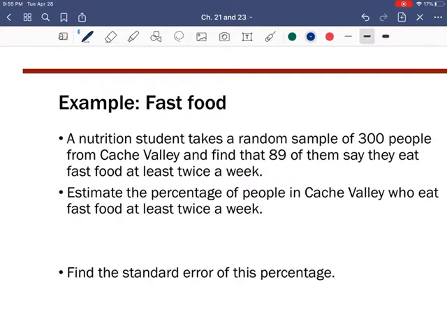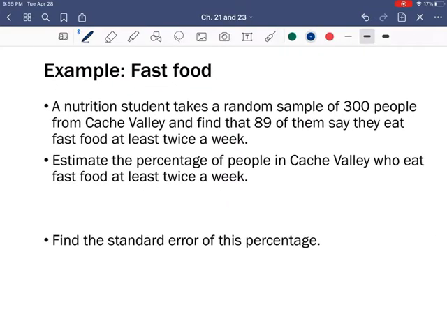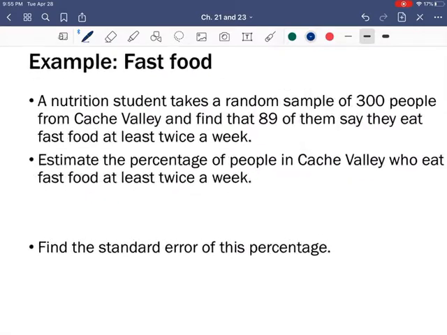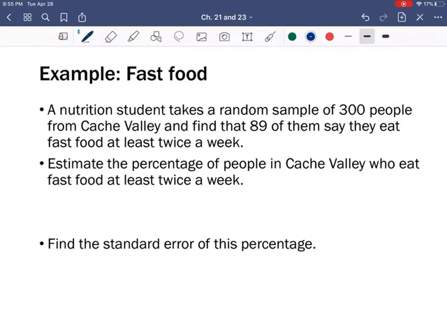Okay, let's start these ones. Oh, look, there's the formula. Okay, a nutrition student takes a random sample of 300 people from Cache Valley and finds that 89% of them say they eat fast food at least twice a week. Estimate the percentage of people in Cache Valley who eat fast food at least twice a week.